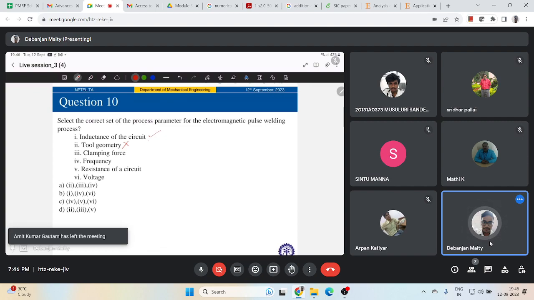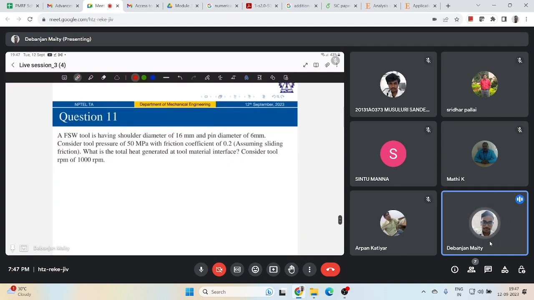What about clamping force? Should there be any clamping force? No. The frequency, yes. And the voltage. So these are some of the process parameters we use for electromagnetic pulse welding. Any question till now? We have the last numerical.